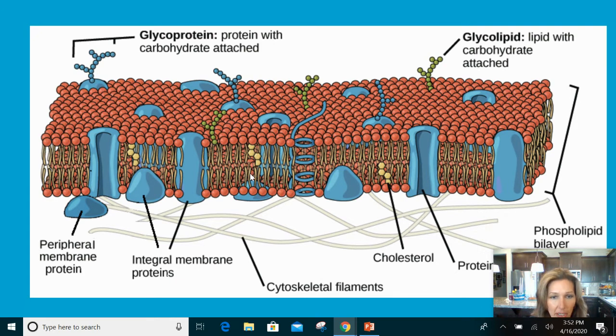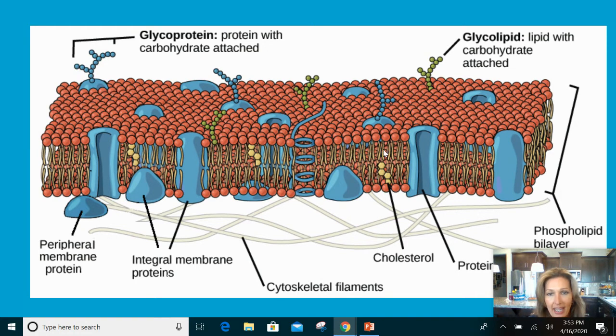We also have to make sure that we're remembering cholesterol, because cholesterol is embedded in here. Remember, cholesterol is a steroid, this being a lipid. So this is nonpolar, and it can embed in this middle layer, this hydrophobic layer. Cholesterol is going to maintain fluidity of the cell membrane.